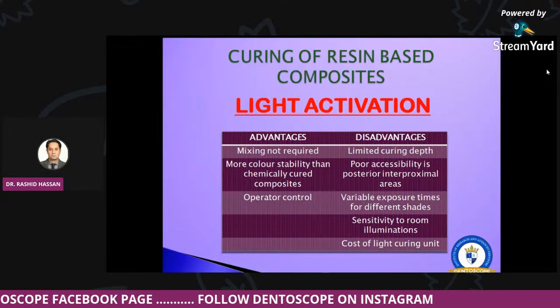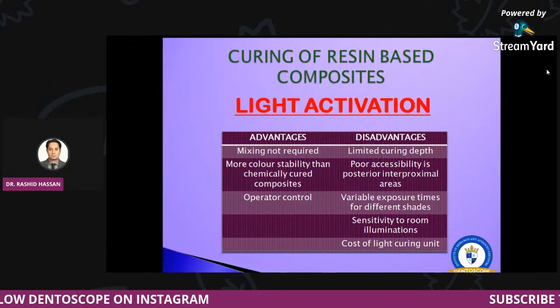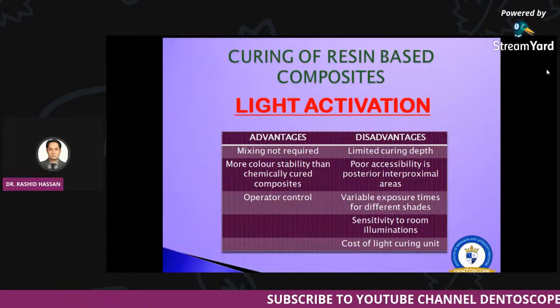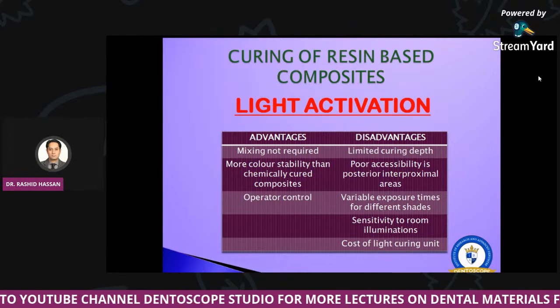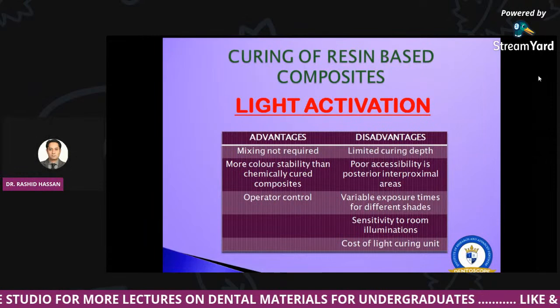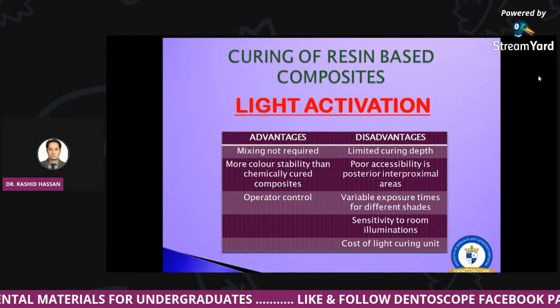Room illumination is not as intense as the blue light that we use to cure. But still, it's a disadvantage. It can initiate the polymerization reaction. Cost of the light curing unit. Well, it is costly, but now most of the brands have come into the market, so you can easily get one at a good price.